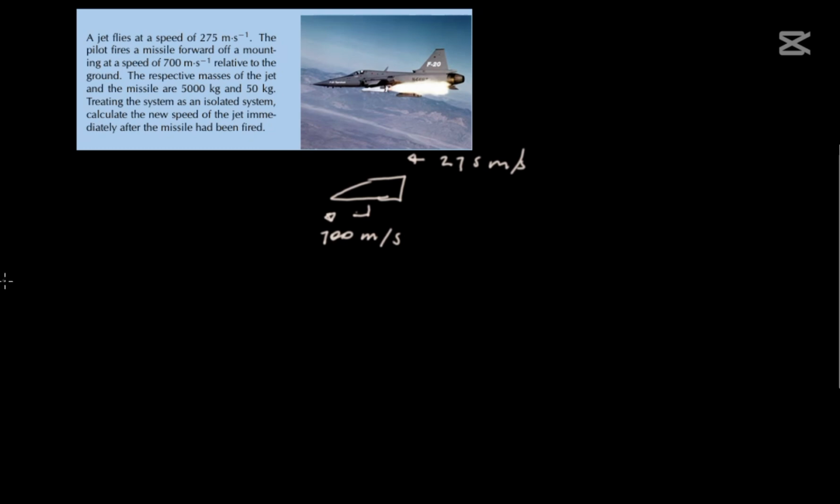Now we know initially the two objects, the missile and the jet, are flying with the same speed, which is this one over here. So it's going to be V multiplied by m1 plus m2 equals, now they are separated afterwards.